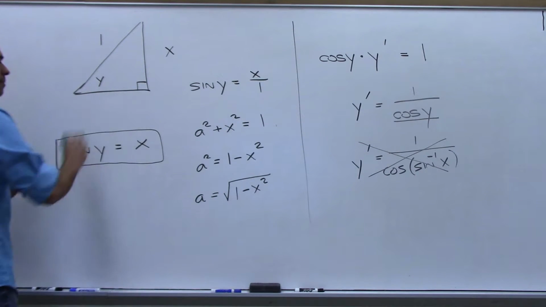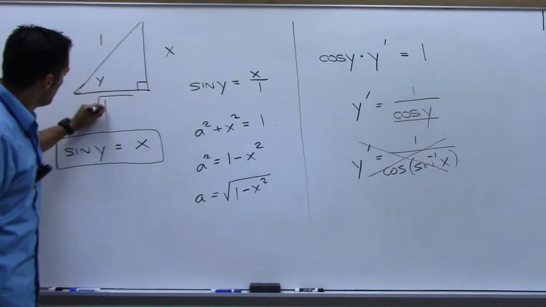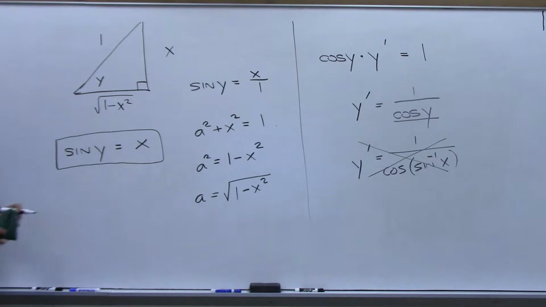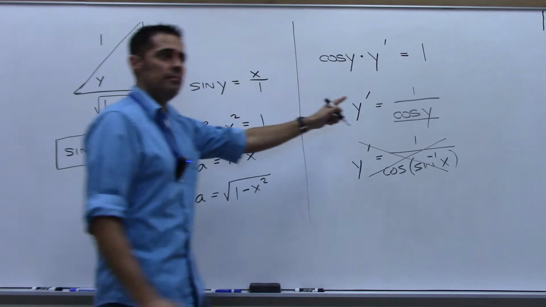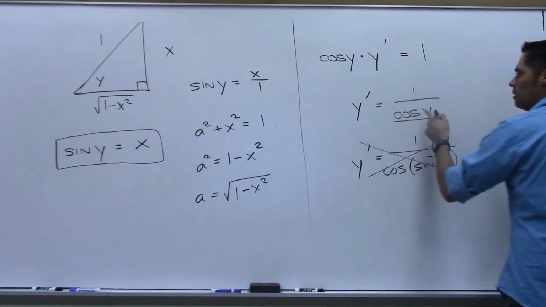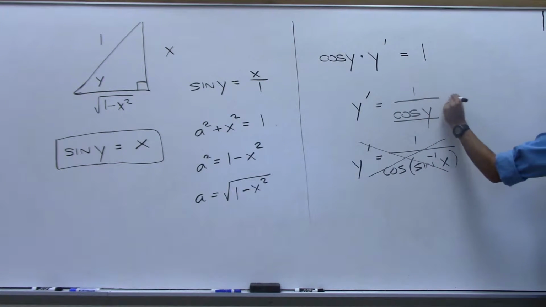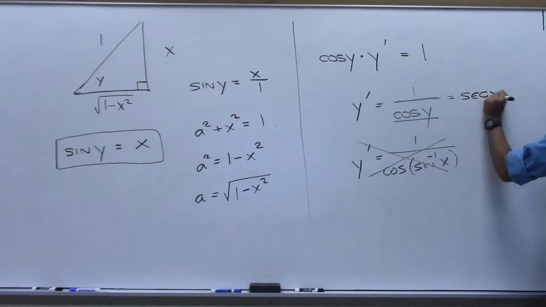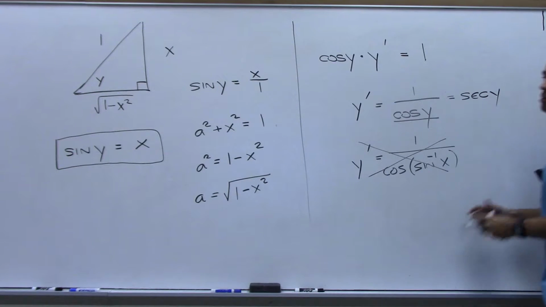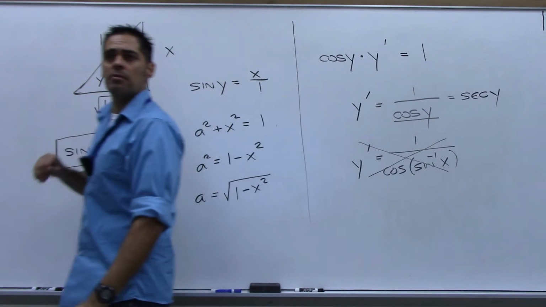I'm going to come back in here and just replace it. What we want is 1 over cosine of y, which is the same as secant y. So you could just do adjacent over hypotenuse.